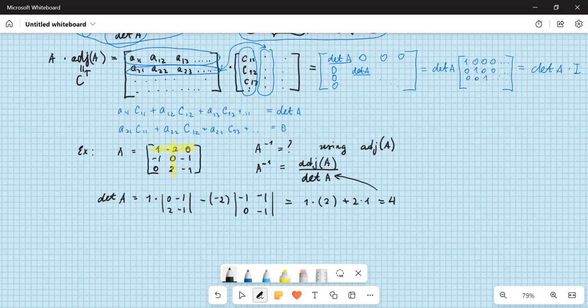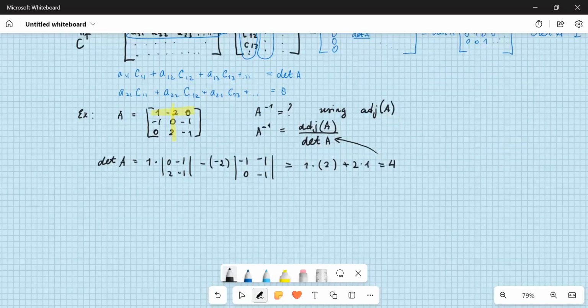Now I just need to build an adjoint matrix, which is not going to be easy because a 3 by 3 matrix is going to give you 1, 2, 3, 4, 5, 6, 7, 8, 9 elements. I'm going to start with the cofactors matrix.